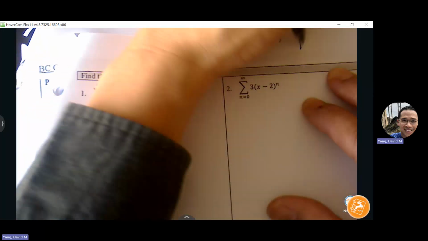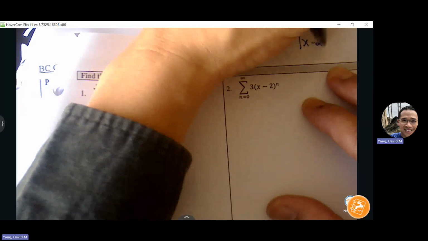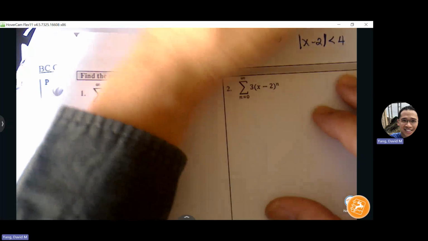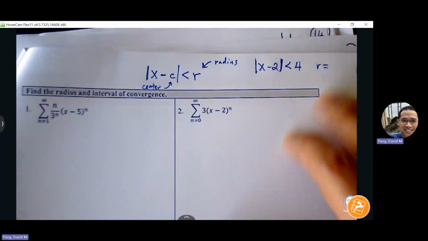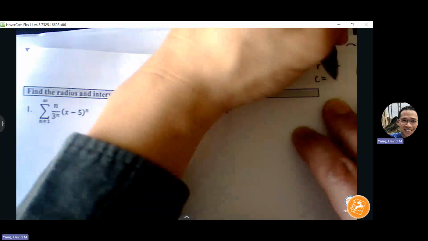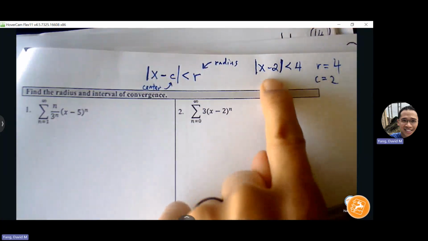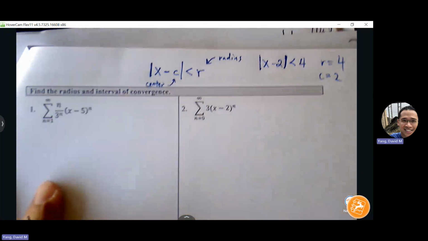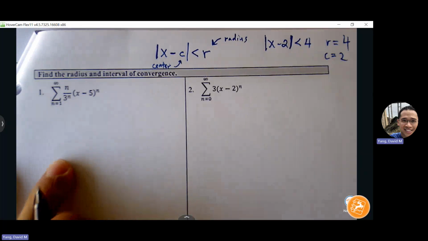So for instance, if I had the absolute value of x minus 2 is less than 4, my radius is 4, and my center is what? 2. Yeah, it's always going to be the opposite sign of what you see inside your absolute value.